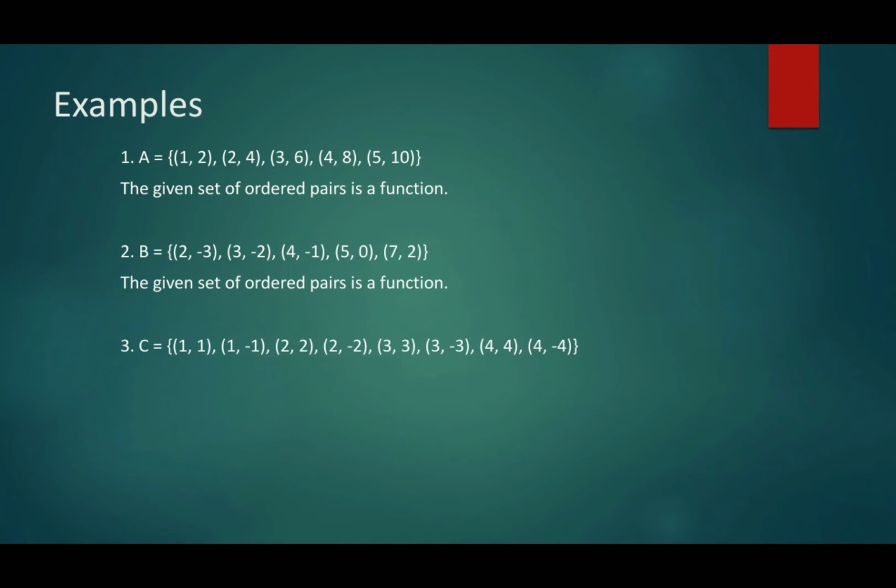Number 3, C equals (1, 1), (1, -1), (2, 2), (2, -2), (3, 3), (3, -3), (4, 4), (4, -4).